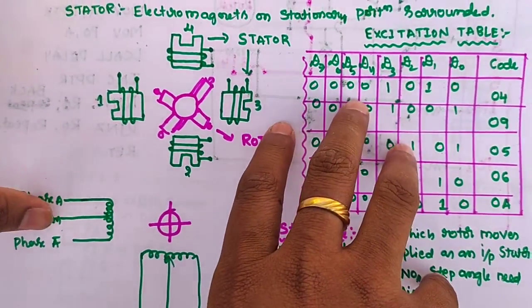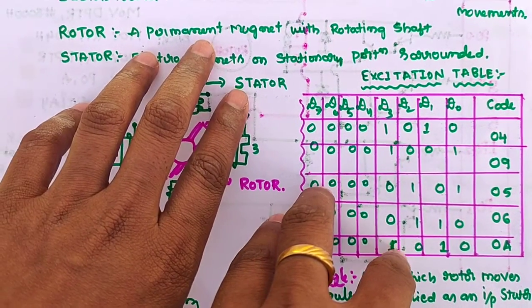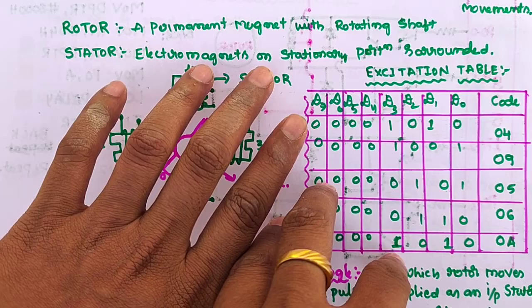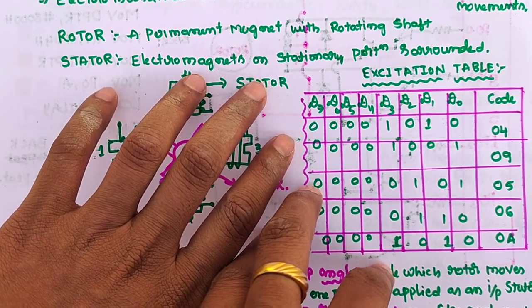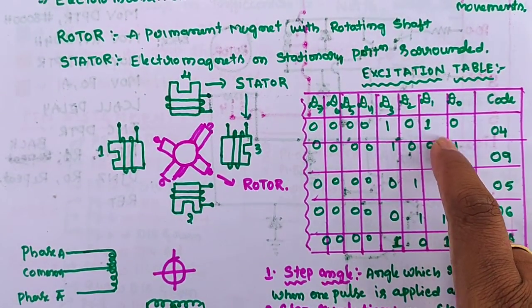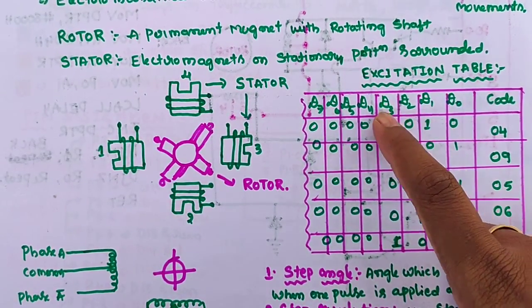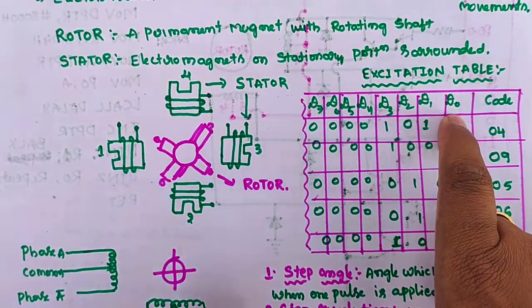There is an excitation table, which is nothing but the application of electrical pulses to two different electromagnets to make the stepper motor run.